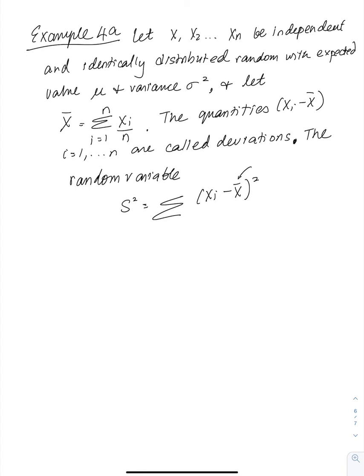This is also a random variable, don't forget, because this will depend on all the different xi's. You're going to add it up and divide by n. Okay, this is not the expected value of xi. This is the sum over n, this over n minus 1, i going from 1 to n. This new random variable that we create is called the sample variance.